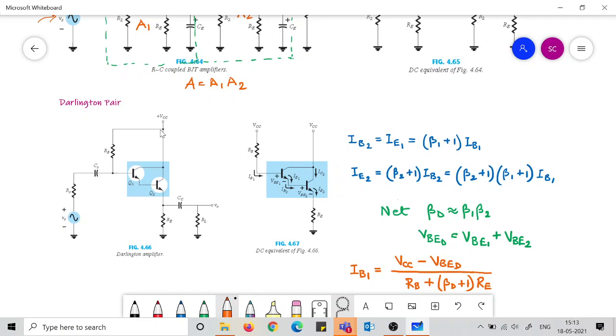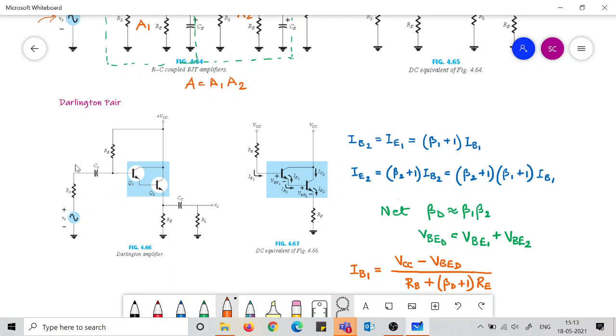Of course, we need to give a supply voltage to the base of the first transistor through some resistance RB. At the output, the load is not on the collector side but on the emitter side. So the emitter has this RE, and there can be some RL connected through some capacitance.